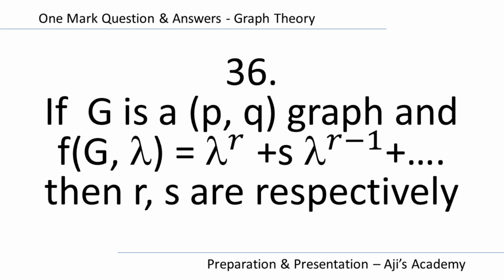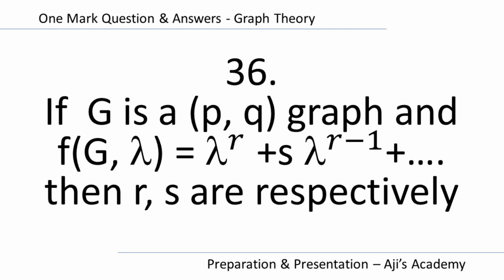Question number 36. If G is a (p, q) graph and f(G, lambda) equal to lambda power r plus s into lambda power r minus 1 plus etc., then r, s are respectively. They are asking r. r is the degree of the polynomial. We know the degree of the polynomial is the same as the number of vertices, and the negative coefficient of lambda power r minus 1, that is here minus s, is q.